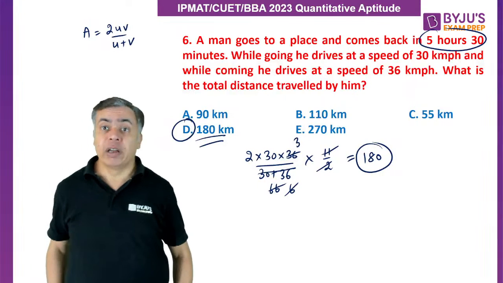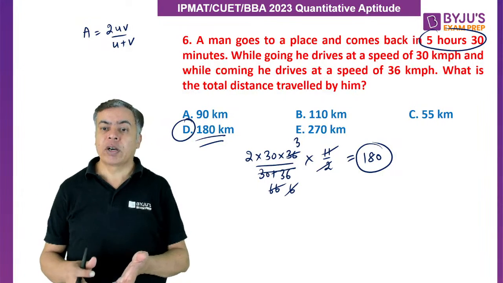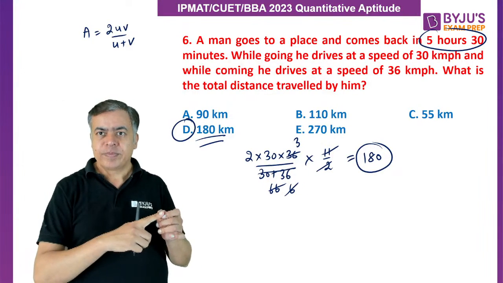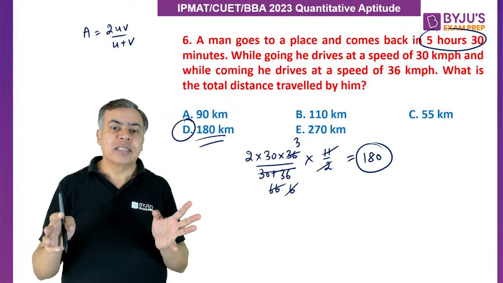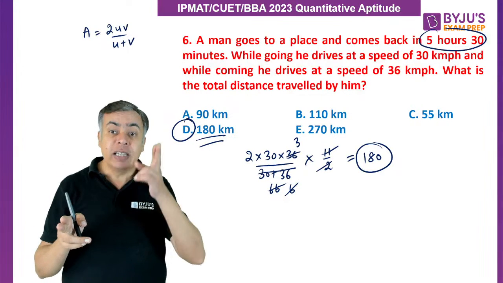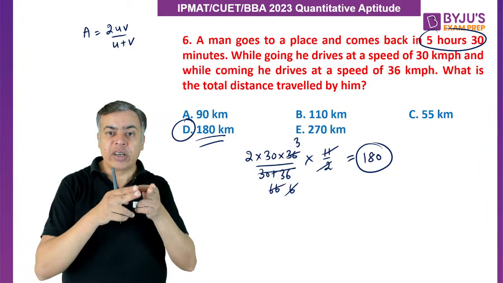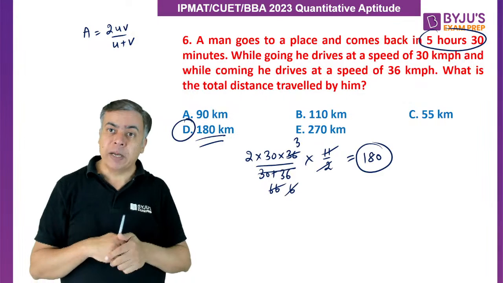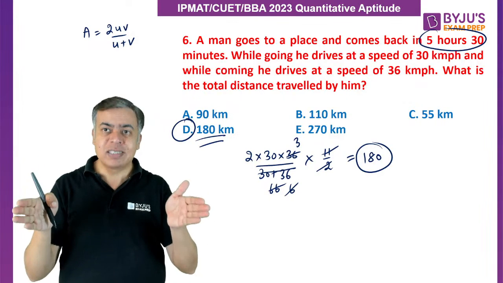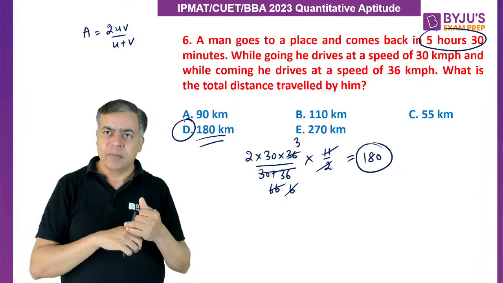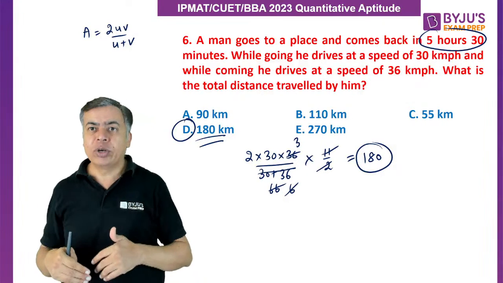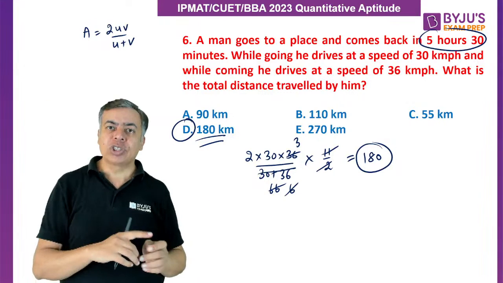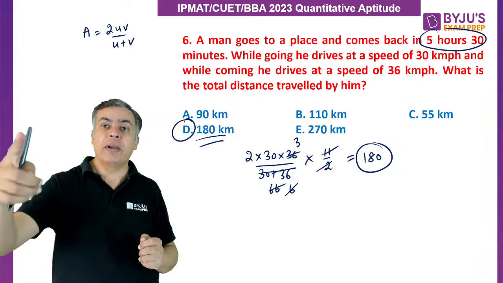But just be careful in this type of question. When he says the total distance, it is going to some point and coming back. Instead of total distance, if he asks what is the distance to that place, on one side, then it has to be 180 by 2, because the average speed into the total time taken gives you the total distance of going to some place and coming back.